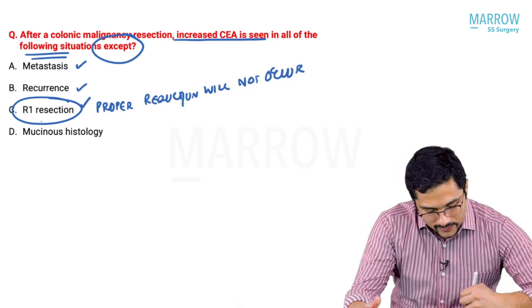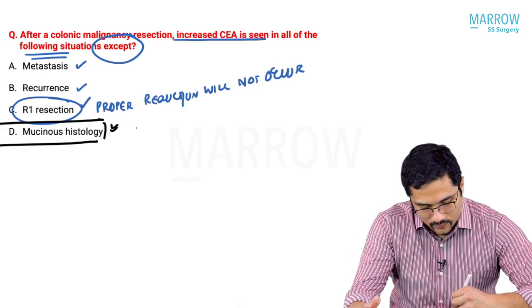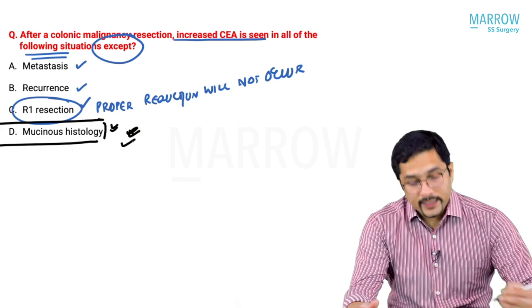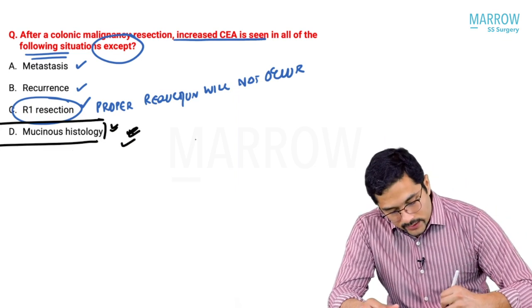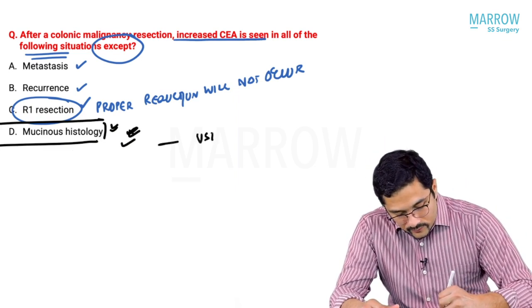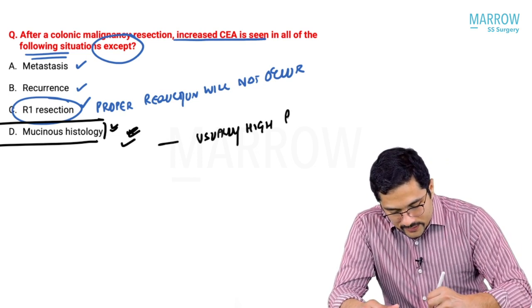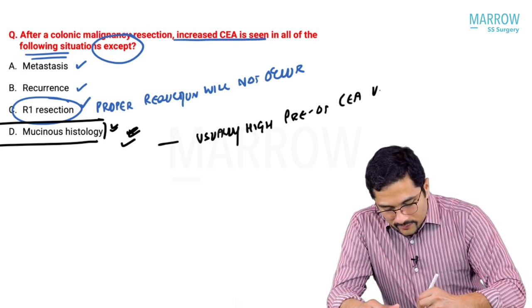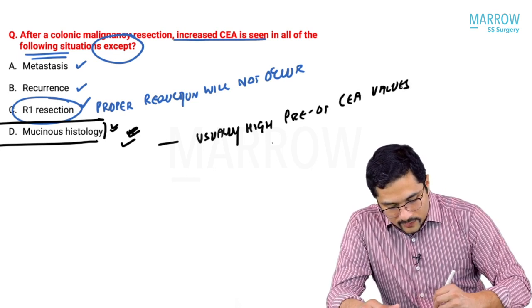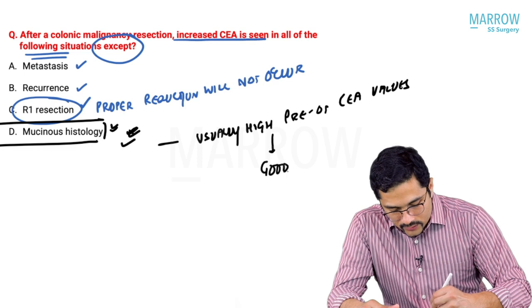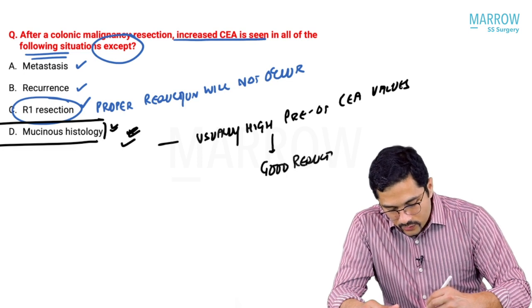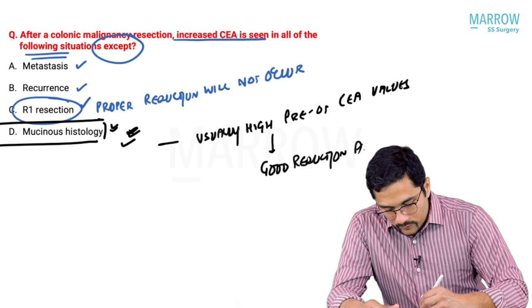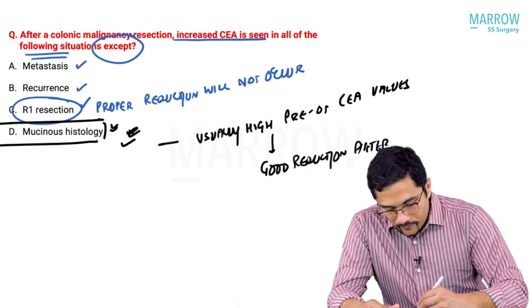So, the correct answer here is mucinous histology. Mucinous histology is the correct answer here. In mucinous histology, usually high pre-op CEA values are there, but there is good reduction after surgery.